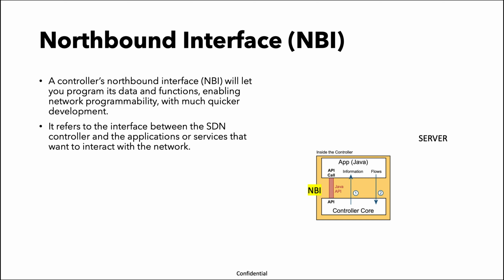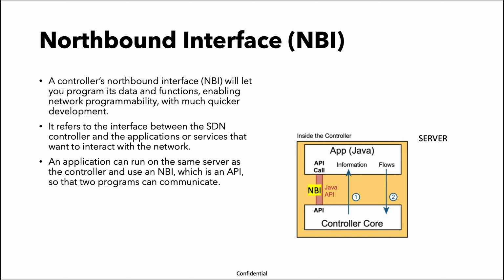It refers to the interface between the SDN controller and the applications or services that want to interact with your network devices. An application can run on the same server as the controller and use an NBI, which is an API, so that two programs can communicate.